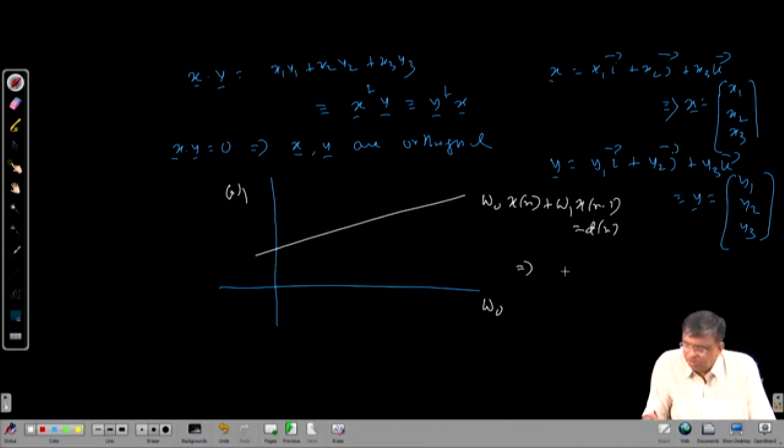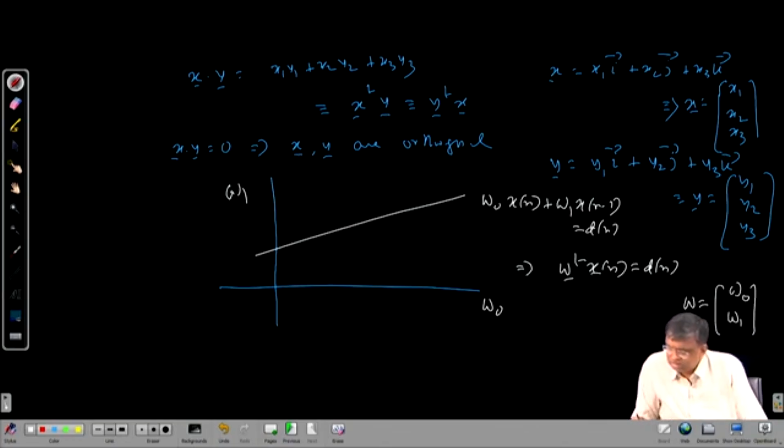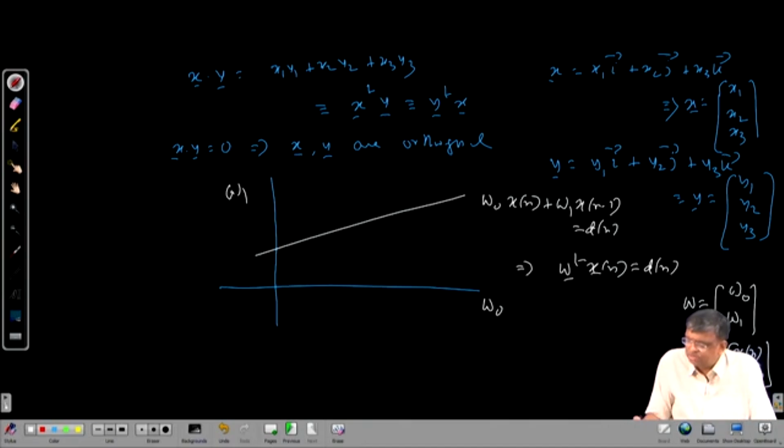This you can equivalently write as W transpose xn is equal to dn, where W is just this W0, W1 and xn we have already seen, xn, xn minus 1. So, obviously, W transpose xn means W0 xn plus W1 xn minus 1, and that is equal to dn. So, you can alternatively write it like this.